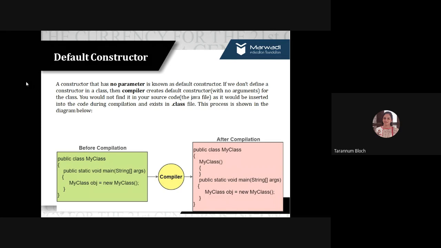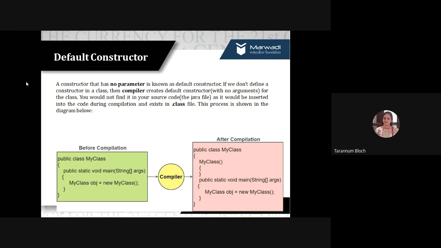As we discussed, a constructor that has no parameter is known as the default constructor, and we do not have to define it. Even if we define it, it's fine. It won't give any error. But if we have not defined it, then our compiler is going to create the default constructor with no argument for that class, right? And you would not find it even in your source file. That is, your .java file will not contain this.